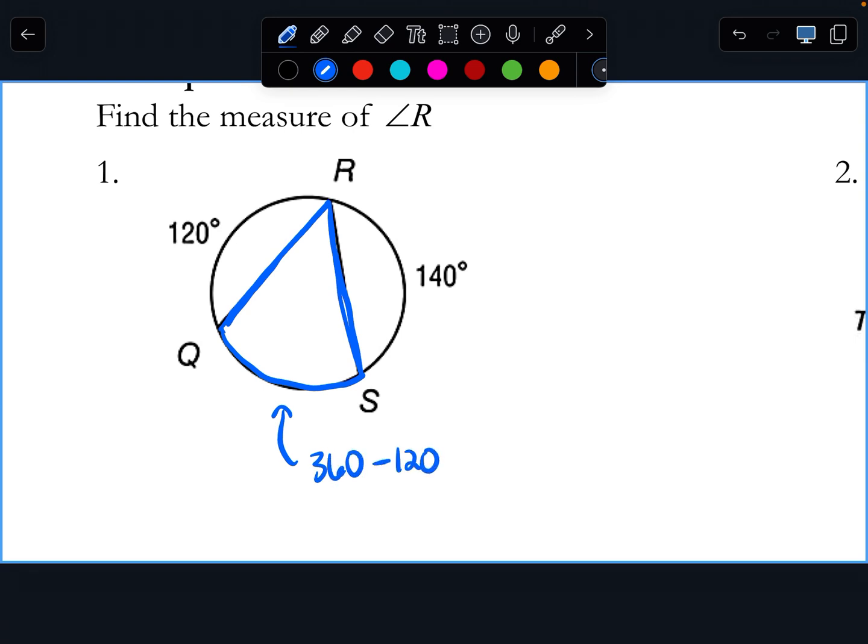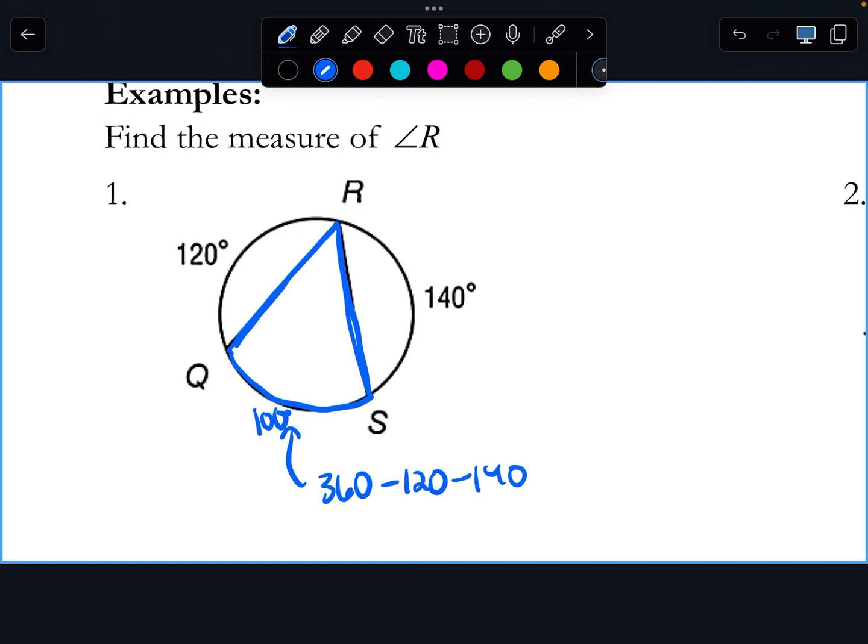Then subtract 120, subtract 140, and what's that? 100. So the arc's 100. People who do the test too fast say the answer is 100 and forget to cut it in half. So it's 50 degrees. If they wanted the central angle, it would be 100. But if it's an inscribed angle, so the vertex is on the other side of it, you have to cut it in half. So 50 degrees.